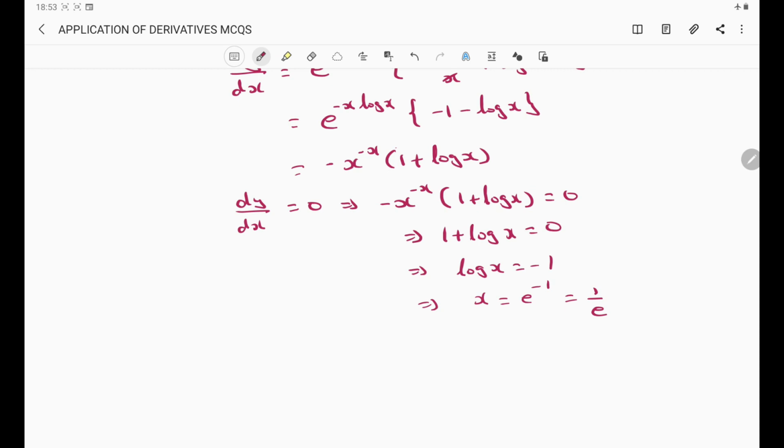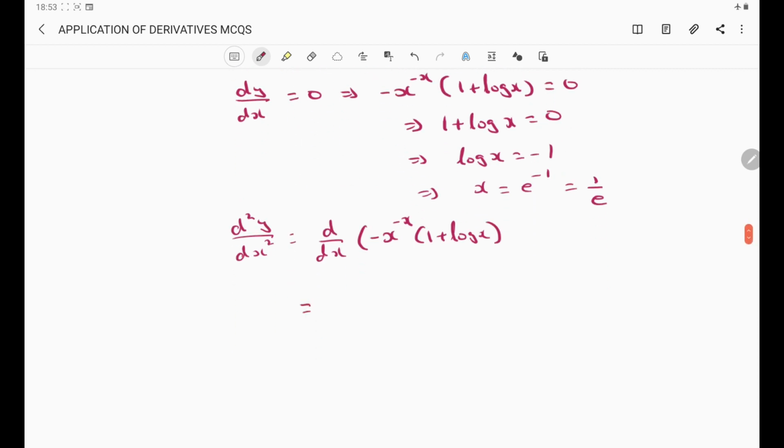Now we check whether this critical point is a point of local maxima or minima. So we find the second order derivative d square y by dx square, that is d by dx of dy by dx, that is minus x to the power of minus x into 1 plus log x.